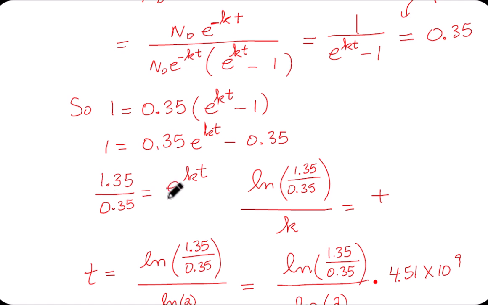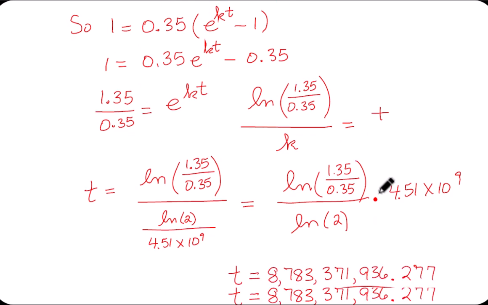The natural log of e to the kt is kt, and then divide by the k. So here's the amount of time. Plugging in all the numbers, here's my k that I solved for. I'm trying to keep as many digits as I can, and then I'll round it in the end.